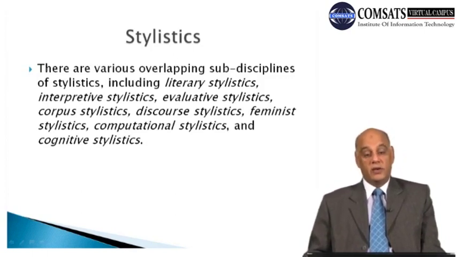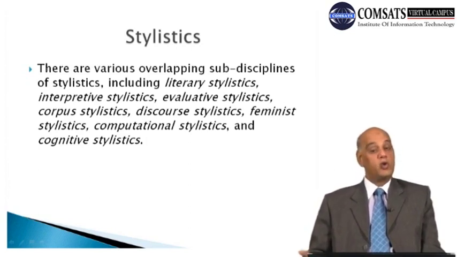Now see, stylistics is being used in so many fields, because in stylistics you are basically analyzing the language, analyzing the text, analyzing what effects the text has, why certain language is being used, and what effect certain language creates when it is used in this order.